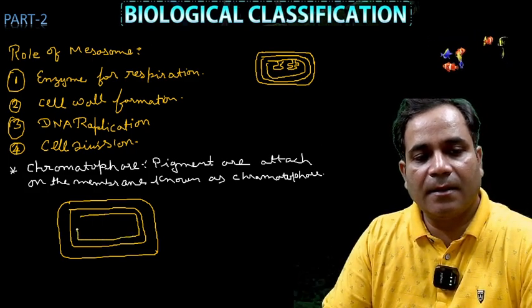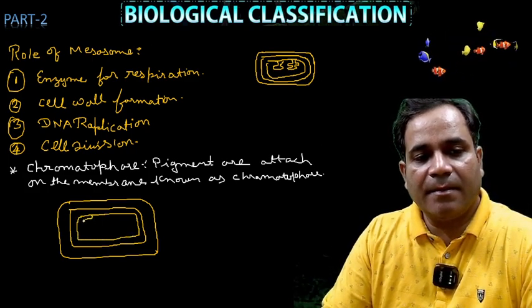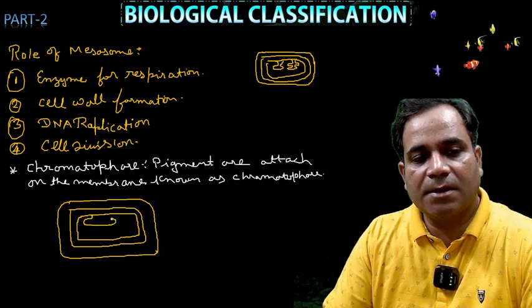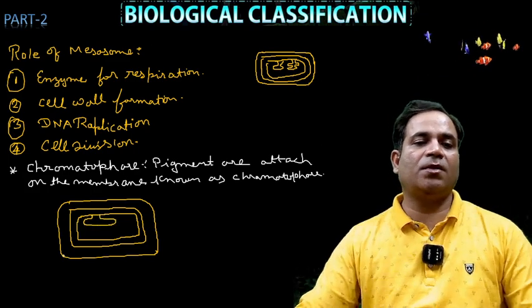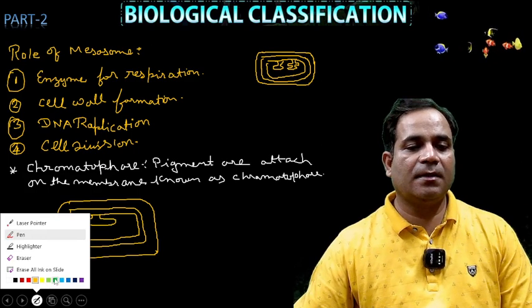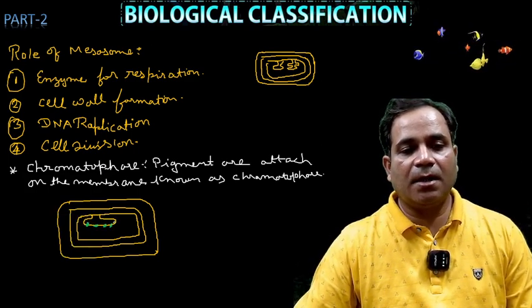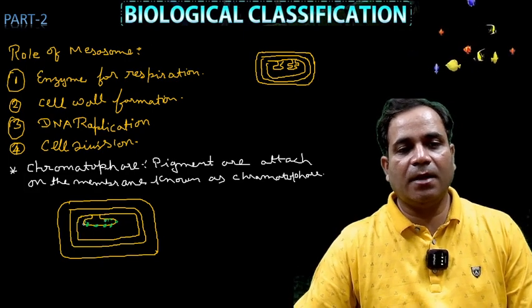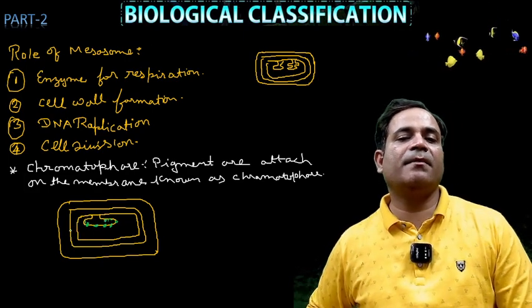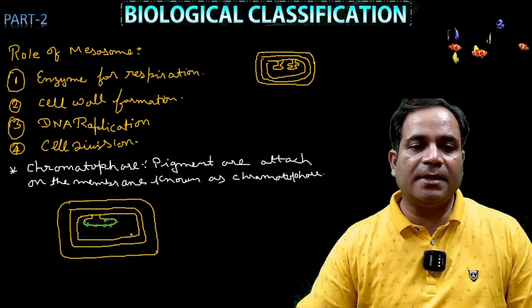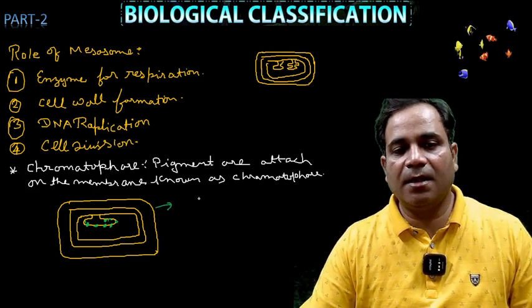Clear? So this inner membrane having inner folds. This inner fold is called chromatophore. And this chromatophore contains pigments which are attached on the membrane, known as chromatophore.